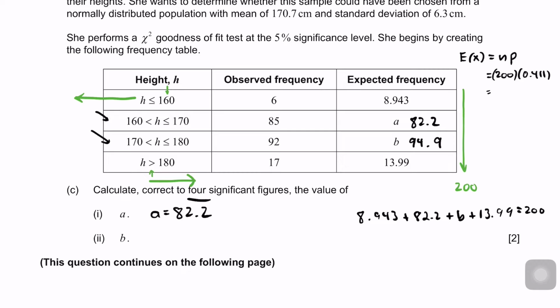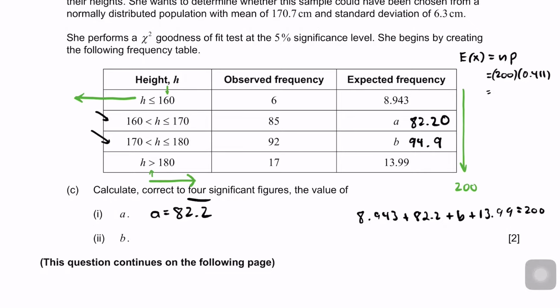4 sig figs. Okay. So let me actually just go back. 200 times 0.411. This is still 82.2. So that's actually okay. 82.20 then.